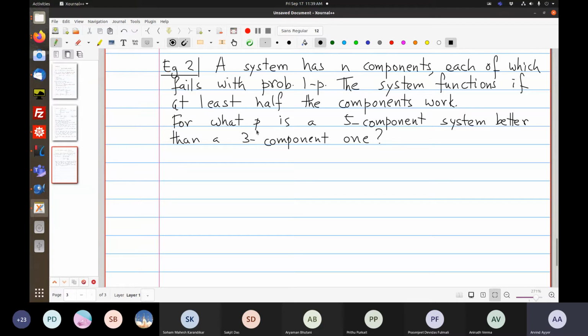There are n components. We are looking at n equal to 5 and n equal to 3, and the failure probability is 1 minus p. When is the 5 component system better? You have to interpret what better means. What do you think better means?